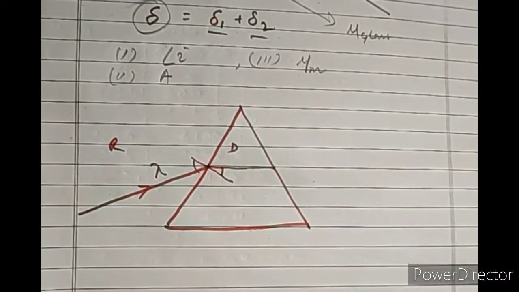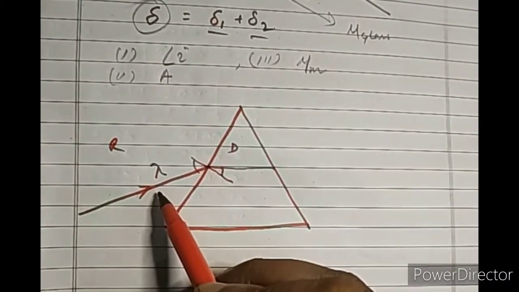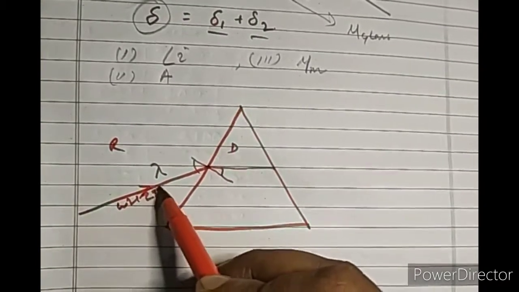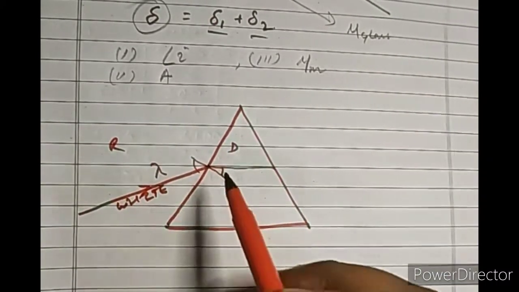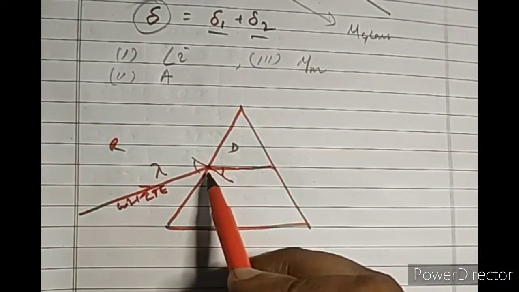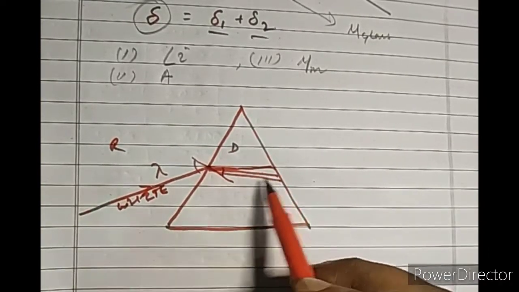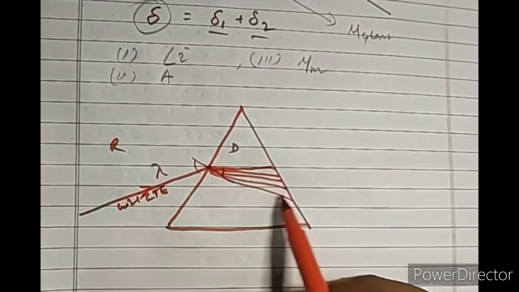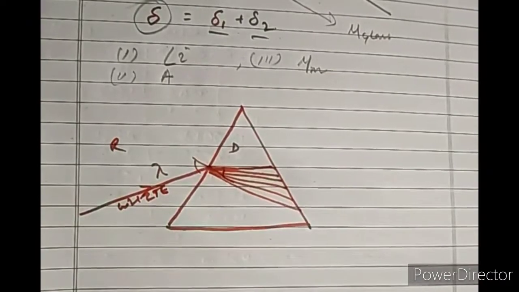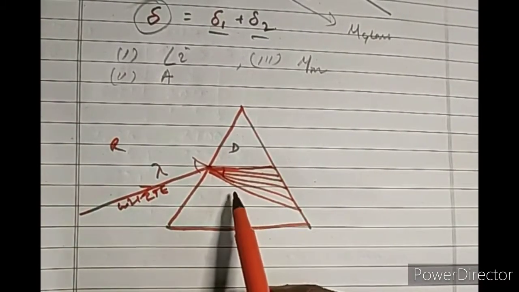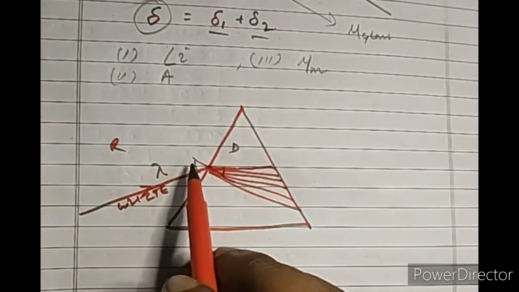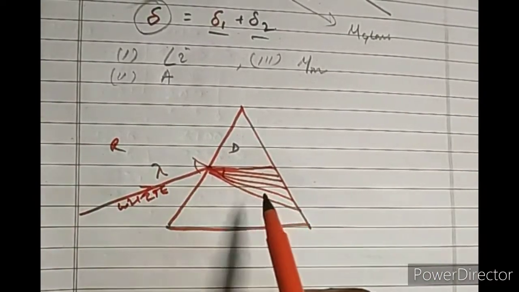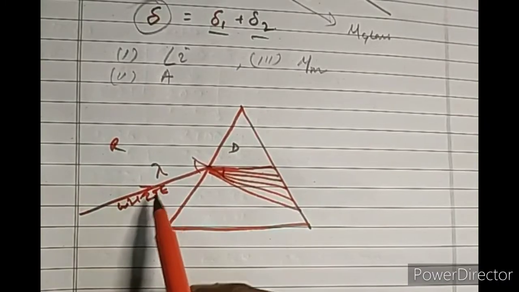So since white light, suppose this is white light, is comprised of different colors, different colors bend with different angles, because different colors have different wavelengths. Speed is decreasing, that is okay, but the bending takes place differently because of the different wavelengths.